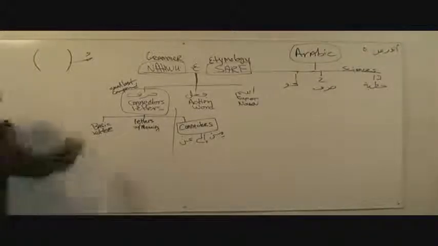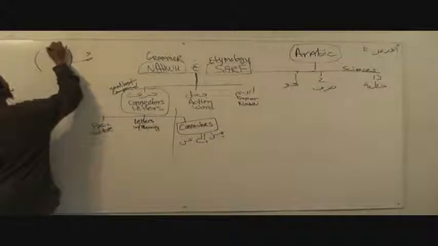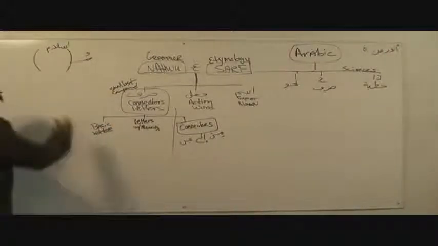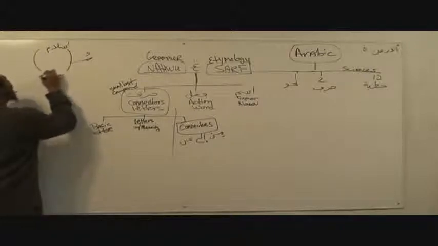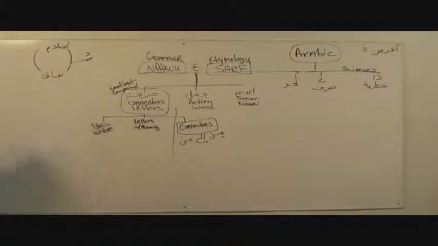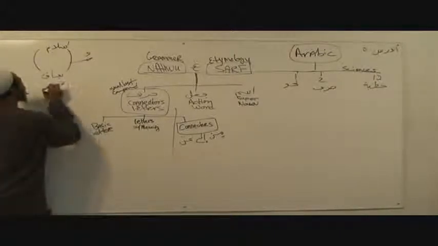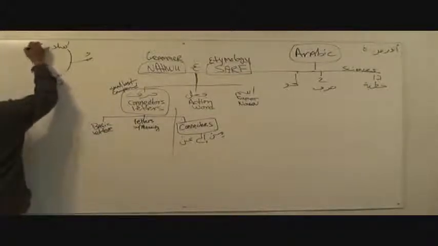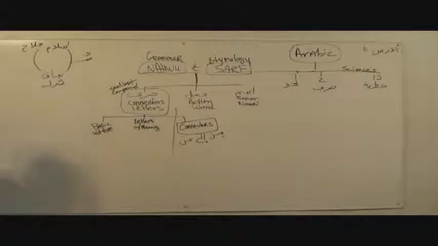So if you put Islam here, then it's a Muslim. If you put nifaq here, then it's what? If you put shirk here, what is it? If you put falah here, it's muflihun.